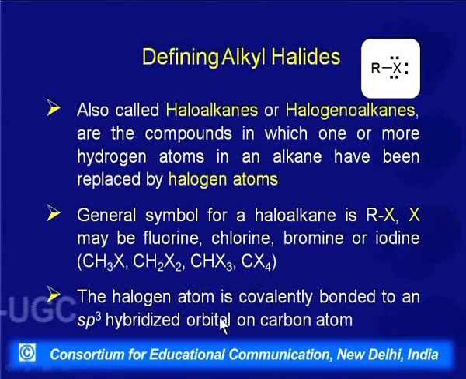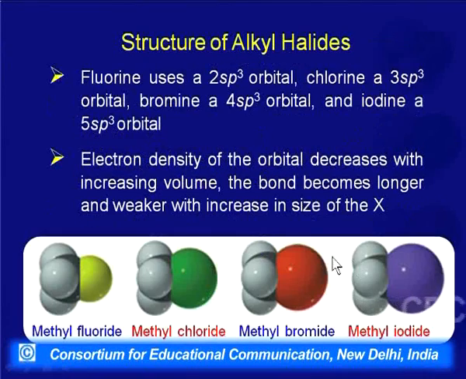So the halogen atom in an alkyl halide is covalently bonded to an sp3 hybridized orbital on the carbon atom. From your previous knowledge, I am sure you would know that in saturated compounds, carbon is sp3 hybridized.